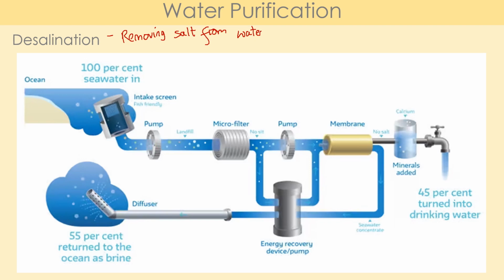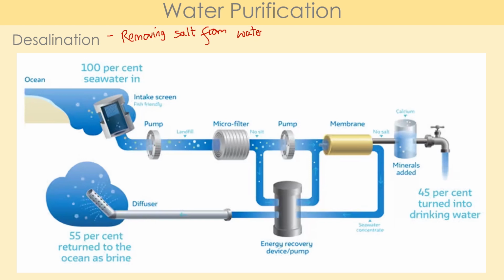Now, some countries will use desalination to make their drinking water because they don't have a good supply of groundwater, such as reservoirs or rivers. So they use water from the sea. So that contains a lot of salt. Now, we can't filter that, so we have to remove the salt from it. And that process is called desalination.